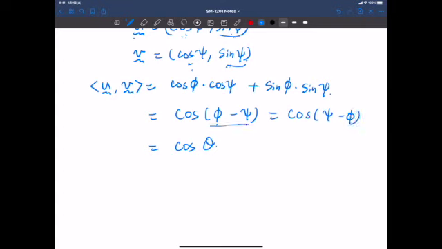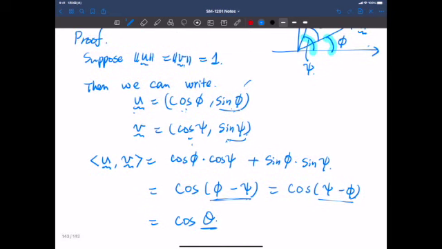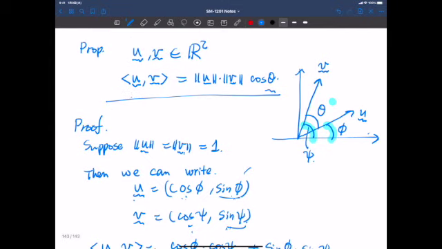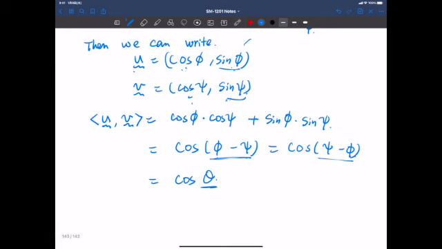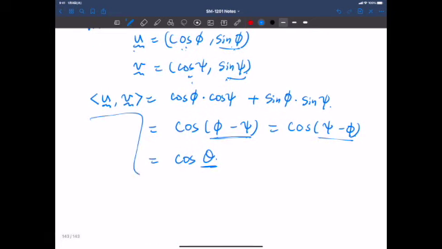In either case, it is the difference between two angles, that is theta. So in this case, this equation holds because the moduli of u and v are 1. As long as u and v are unit vectors, this is true.